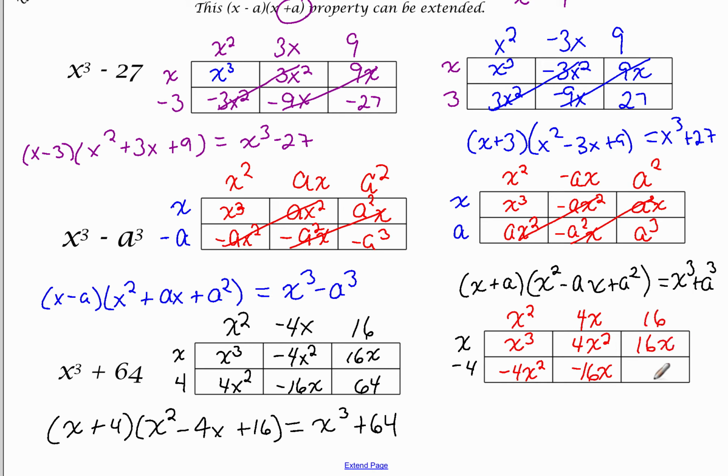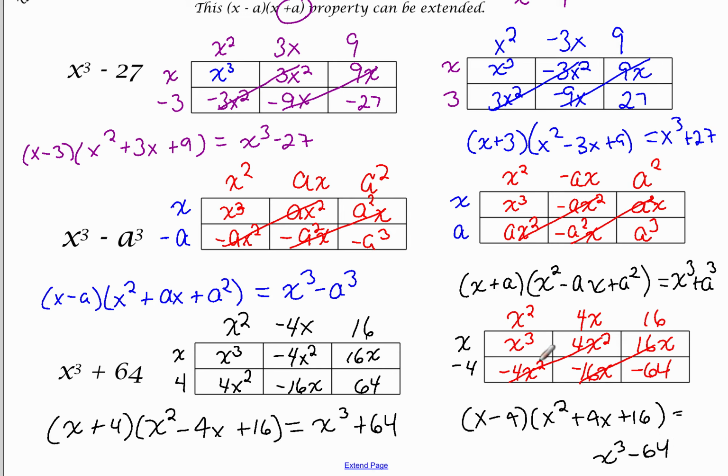So that's going to be 16. And 16 times negative 4 is negative 64. Cancel. Cancel. Huh. I got that x minus 4 times x squared plus 4x plus 16 gets me x cubed minus 64.